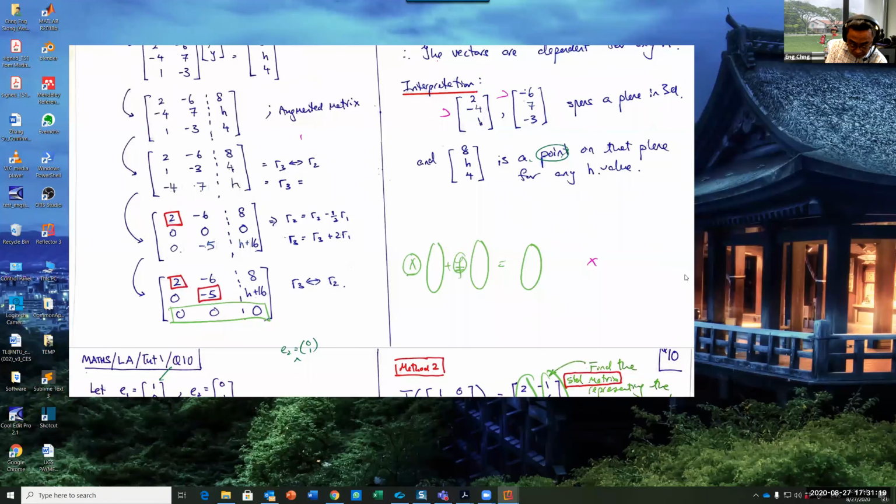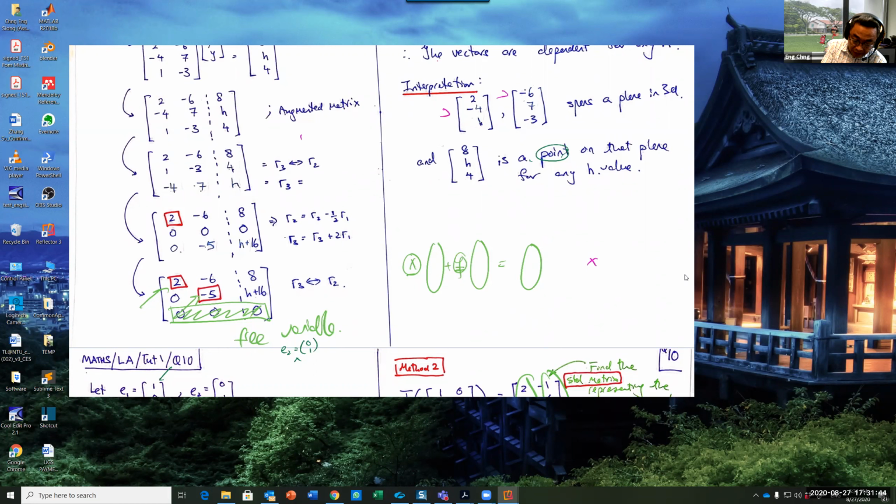You see, a row of zeros does not mean there are infinite solutions, only when there are free variables. So this is not a free variable. We have 2 pivots, 2 variables. There are no free variables here. That's how I think.